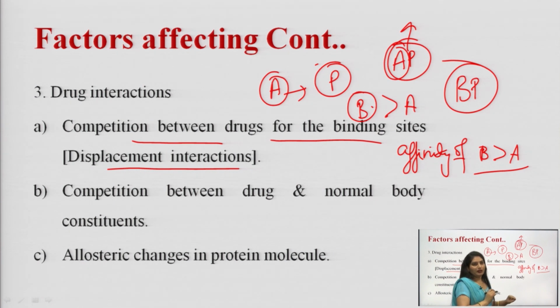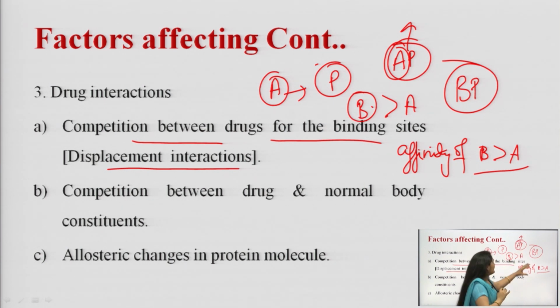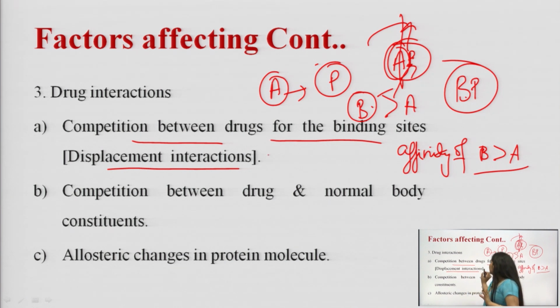Understood? This interaction is known as the displacement interaction. What happens in this case? The B drug has more affinity to bind to this protein as compared to A, so it displaces the A from this complex and binds to this P, resulting in the formation of this type of complex. So, this is known as the displacement interaction.